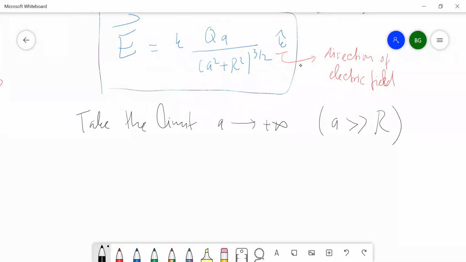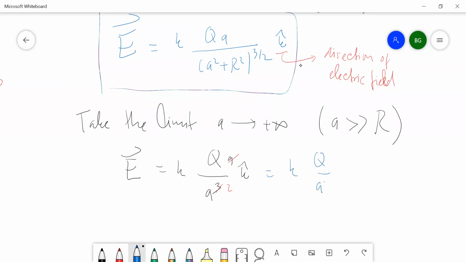If we take this limit, this vector field will converge to K A over A to the 3, so this will cancel and become A squared. So this will reduce to K Q over A squared, where K is 1 over 4 pi epsilon 0. So what does it mean? This one.